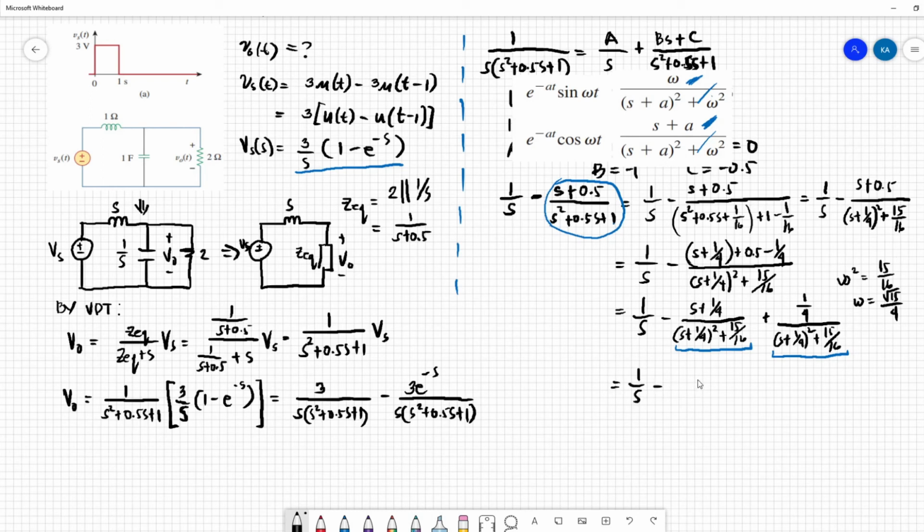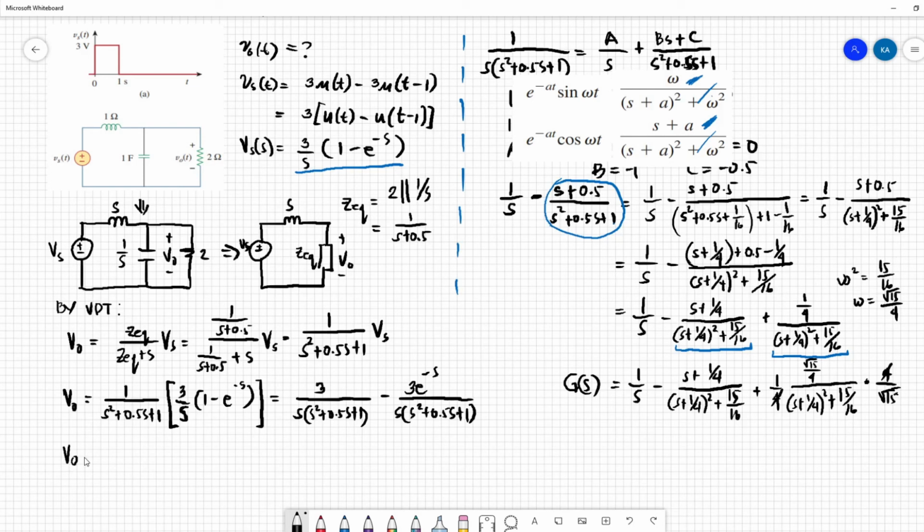So 1 over s minus s plus 1/4 over s plus 1/4 squared plus 15 over 16 minus 1/4 times square root of 15 over 4 over s plus 1/4 squared plus 15 over 16, and we need to multiply this with square root of 15 over 4, so we have 4 over square root of 15. So let's say this is our G of s.